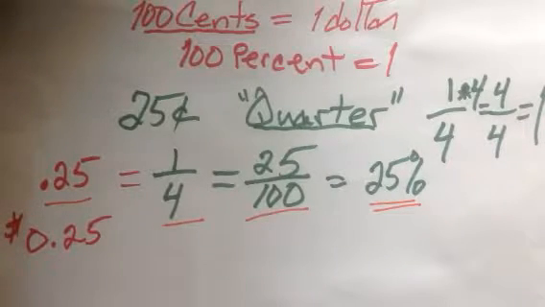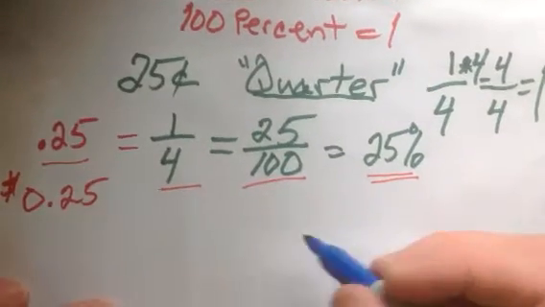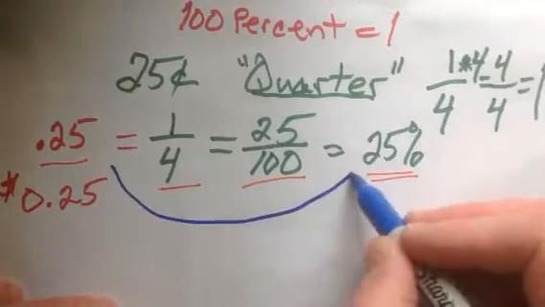renders 25%. So another thing to point out here before I finish is just to look at what happens when you translate from here to here, right?